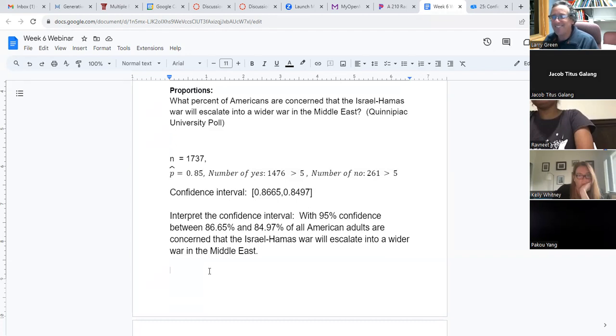When I went to the original article, it wasn't completely yes, no. It wasn't don't know, but it was very concerned, not too concerned, or not at all concerned. But I turned it into, and actually they did it too, concerned versus not concerned. So that's one way of doing it.